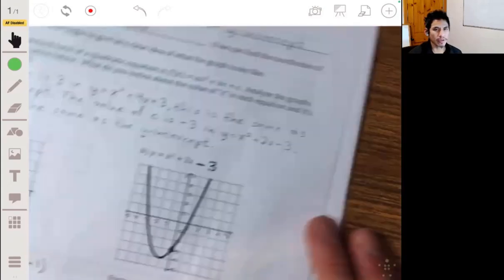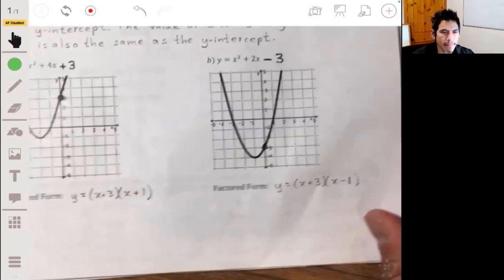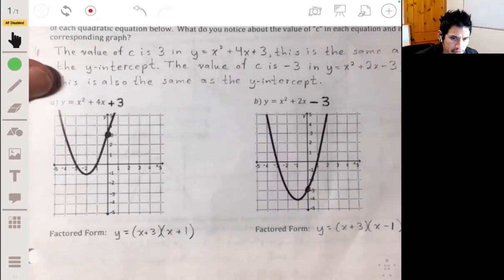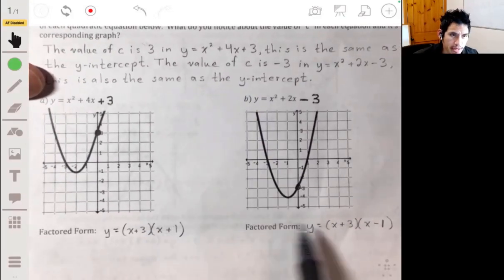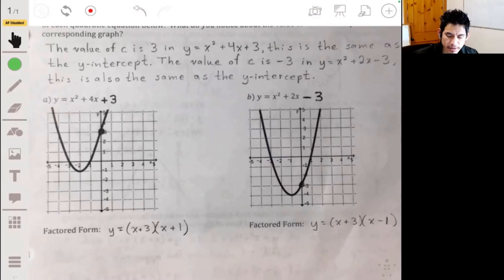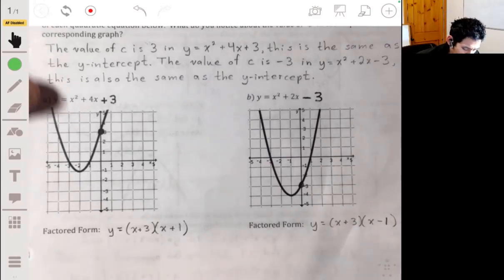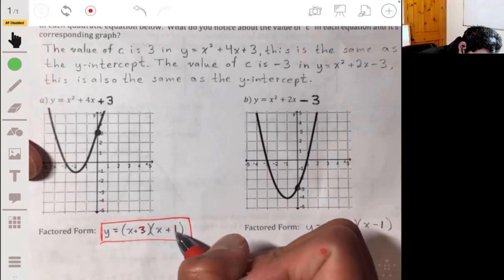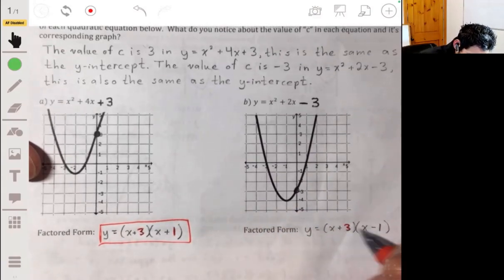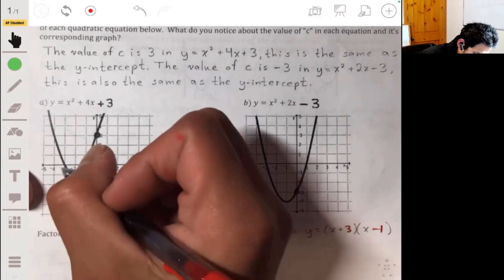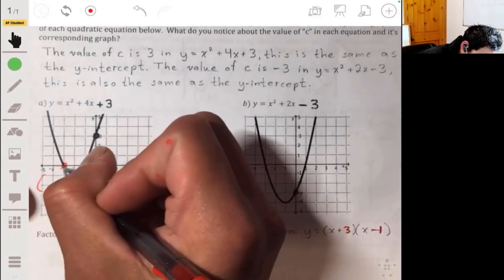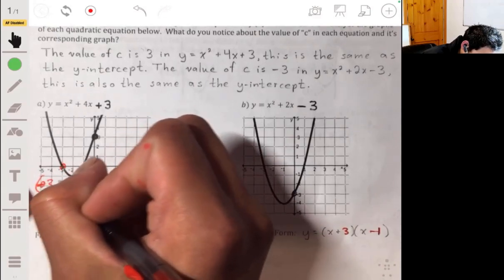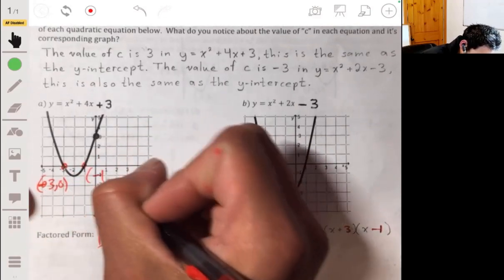Here are the first two quadratic graphs that we looked at in this lesson, and the factored forms are right here. So look closely. If you look at the factored form, we got a 3 and a 1, and a 3 and a negative 1. The x-intercepts here are -3 and -1: (-3, 0) and (-1, 0).